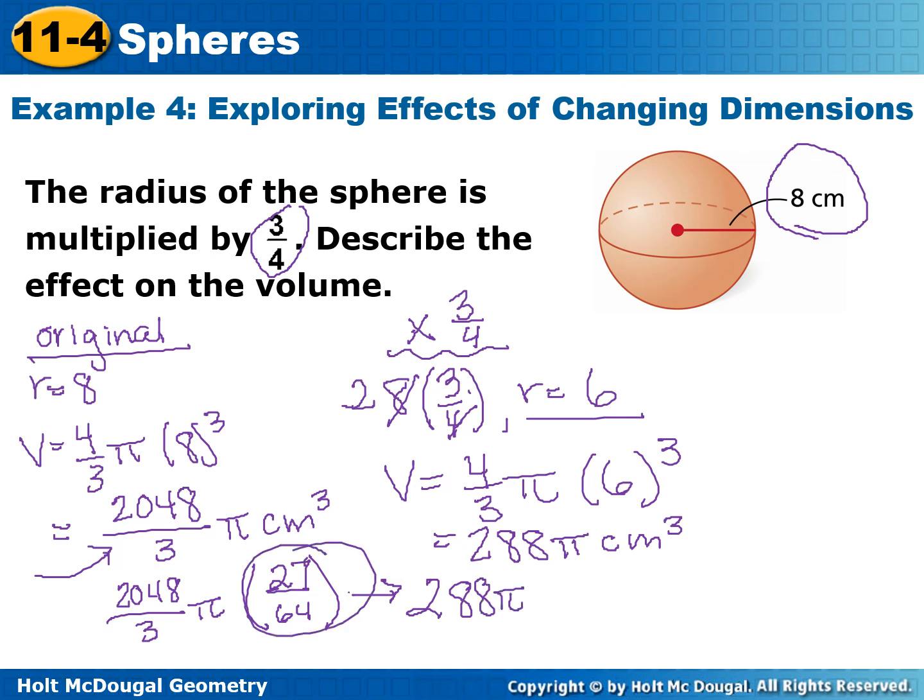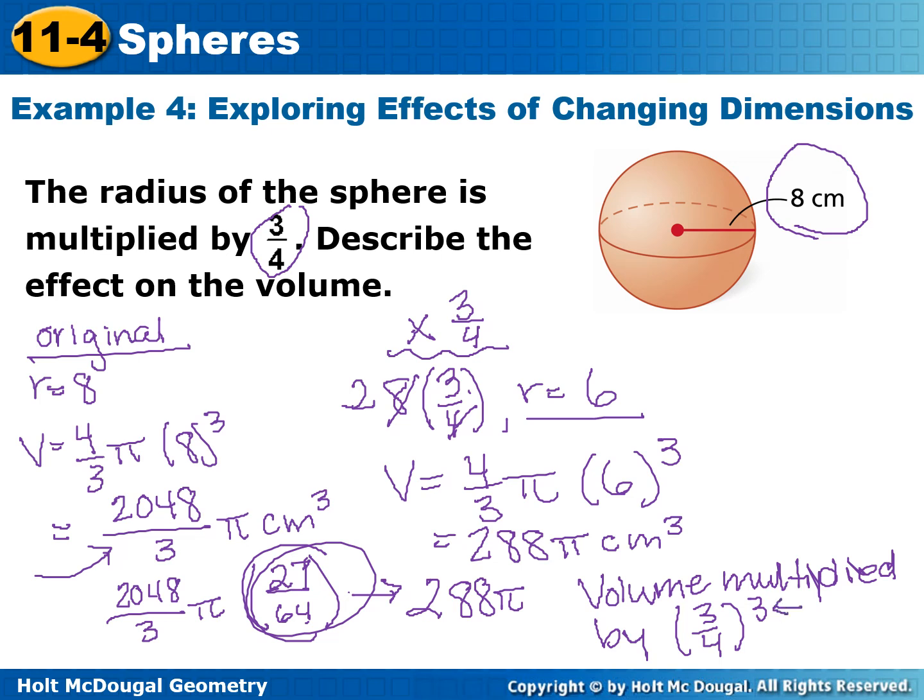So this is what the volume is multiplied by, and that 27 over 64 is 3/4 cubed, which makes sense that it's cubed because this is volume, and volume is in cubed units.